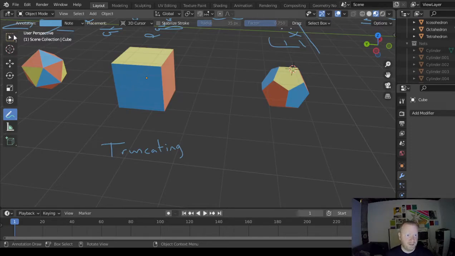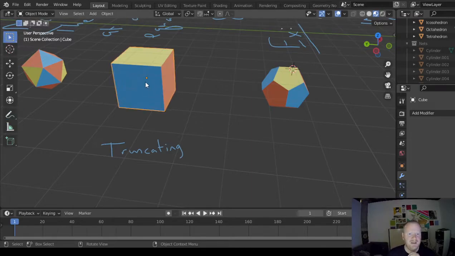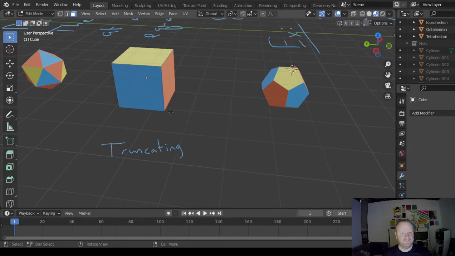So truncating a cube involves taking each of these vertices and sort of applying some sandpaper to it. So you can picture kind of taking an angle grinder, some sandpaper, and just kind of sanding down each of these vertices. And I'll show you what that looks like.